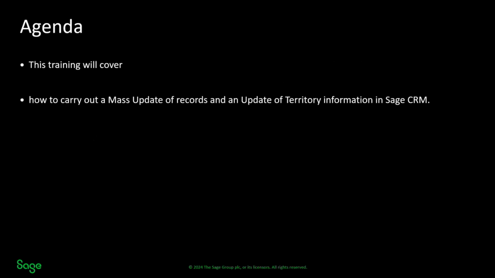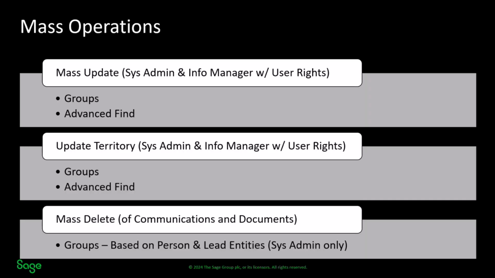We're going to be covering what's needed to be set up to allow for mass update to take place, and how we go ahead and carry out those mass operations, whether we are a system administrator or another type of user. This is where I introduce you to the scope of mass operations.